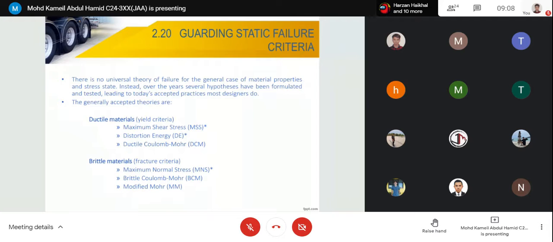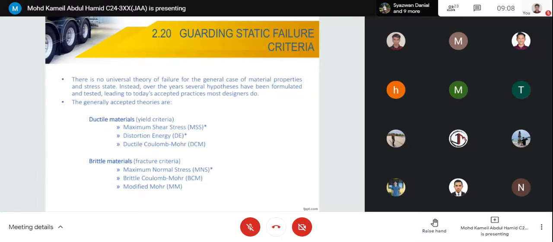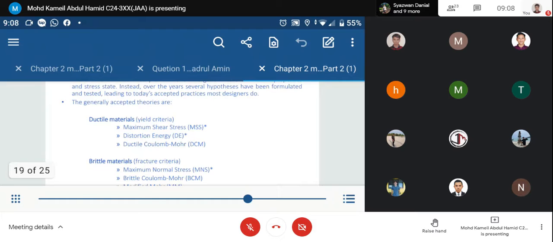There is no universal theory of failure for the general case of material properties. So these are the theories involved for ductile material and brittle material. For calculation purposes, in our class we are going to focus only on MSS and distortion energy.